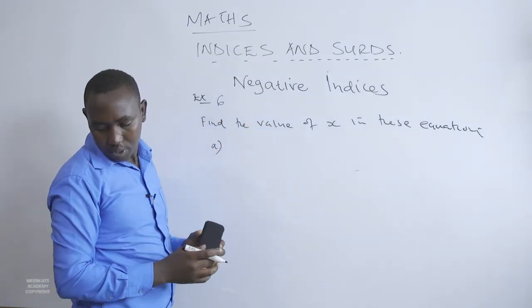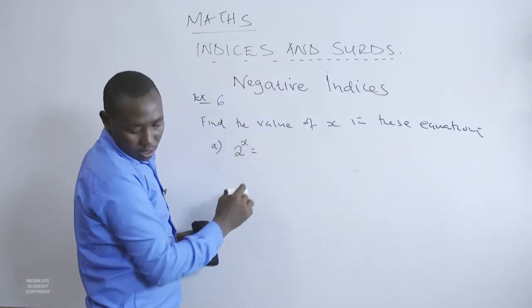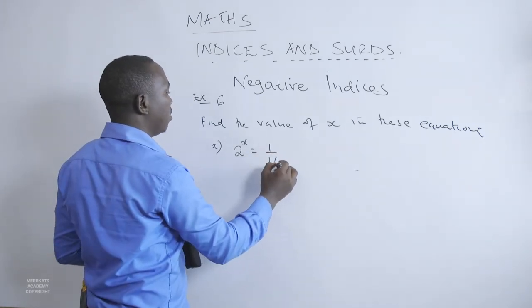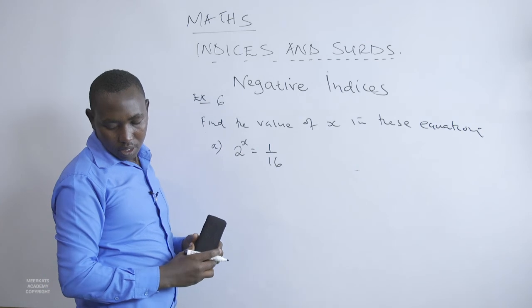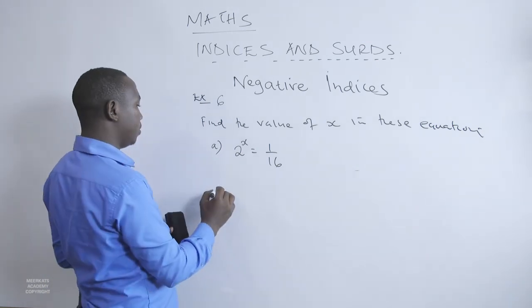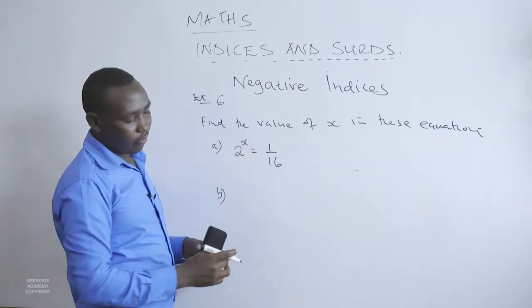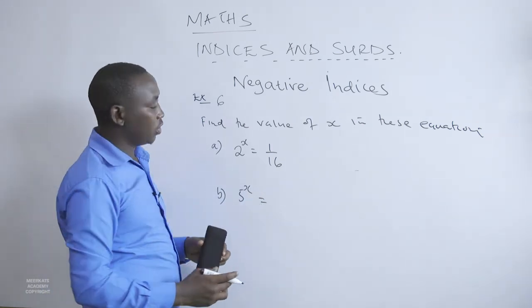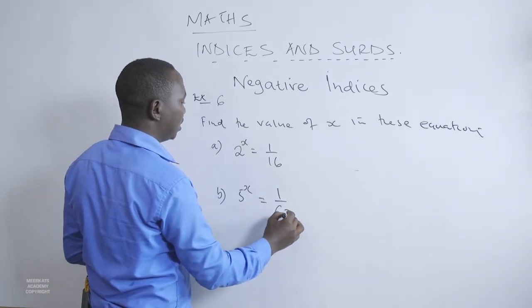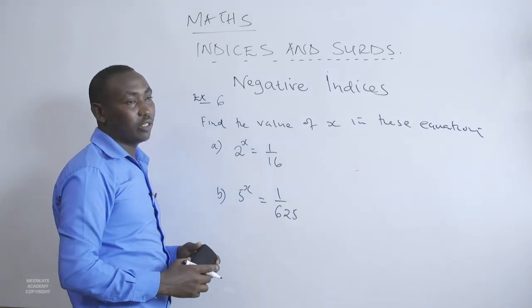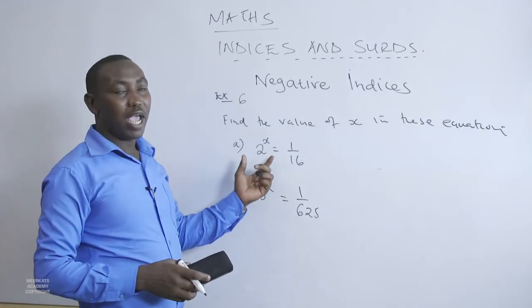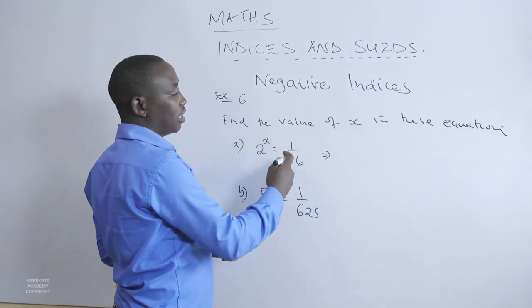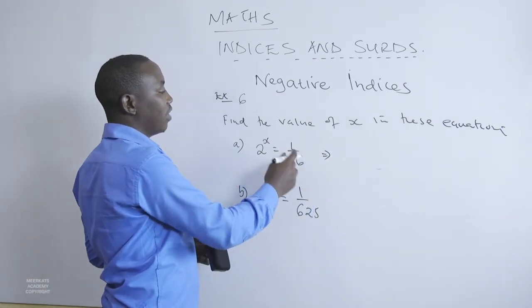Number 1, we are told that 2 raised to x is equal to 1 over 16. Number 2, 5 raised to x is equal to 1 over 625. So whenever we have these two particular cases, we first need to rewrite this as a factor of 2.